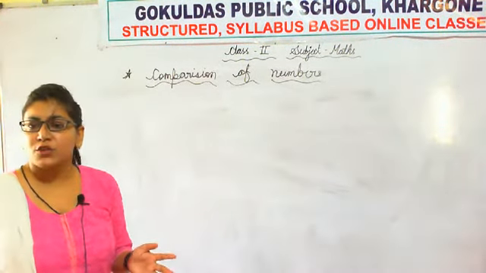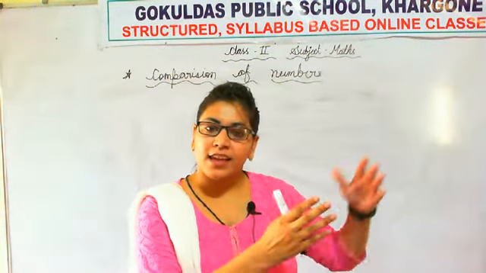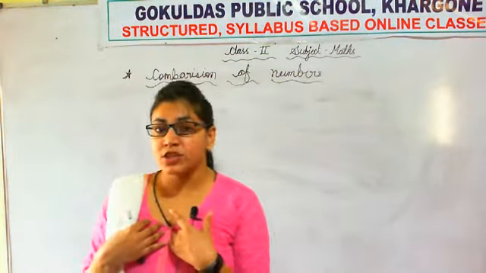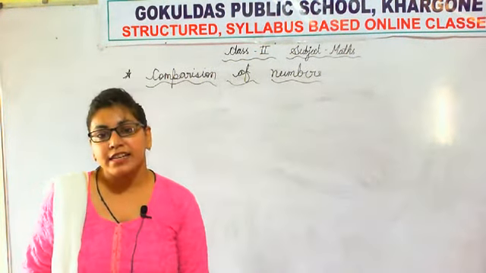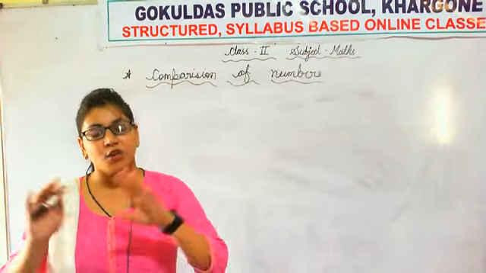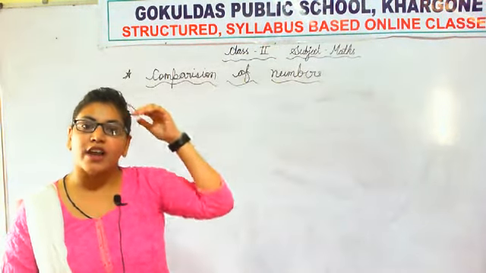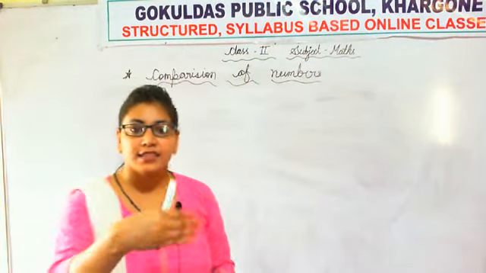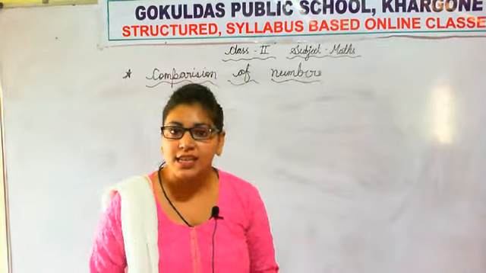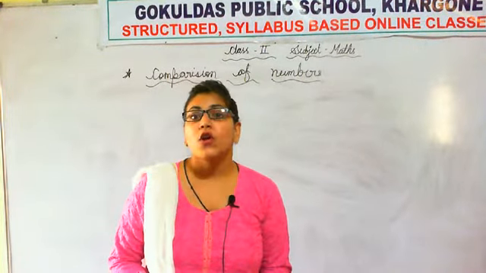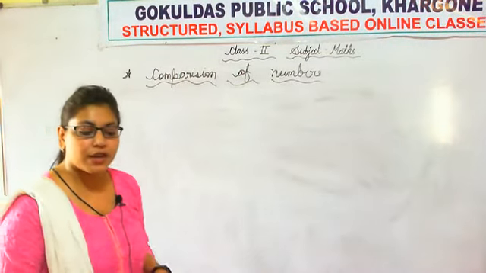You do comparison all the time. Mama, his chocolate is big, mine is small. Mama, he is having more toys, I am having less toys. So what is this? This is all comparison. Ma'am, he is taller and I am shorter. He is standing in front of me. He is taller. This is comparison. So now what we will do is comparison of numbers.